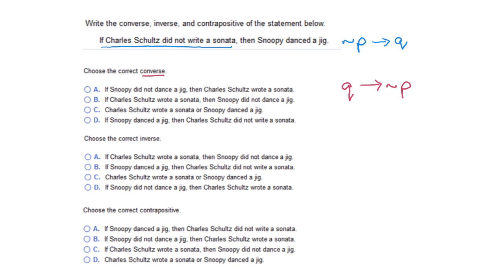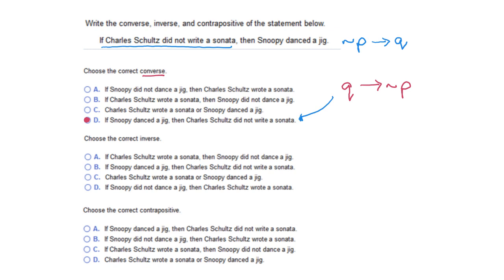So if Snoopy danced a jig, then Charles Schulz did not write a sonata. And that will match D.